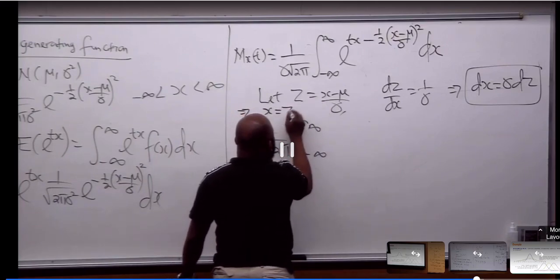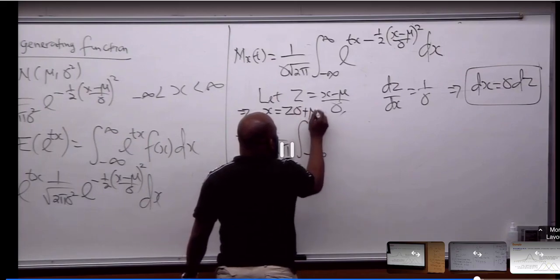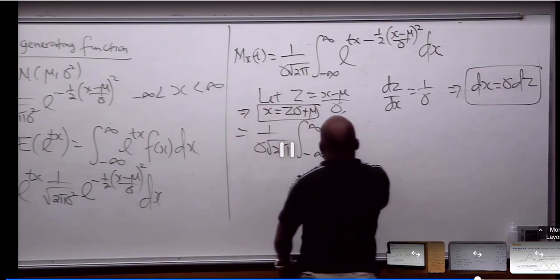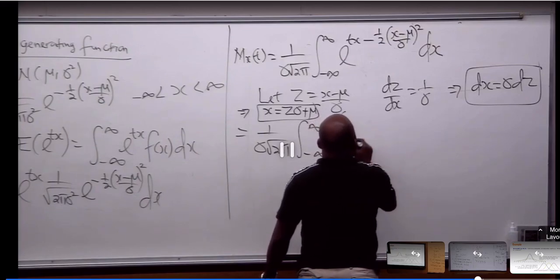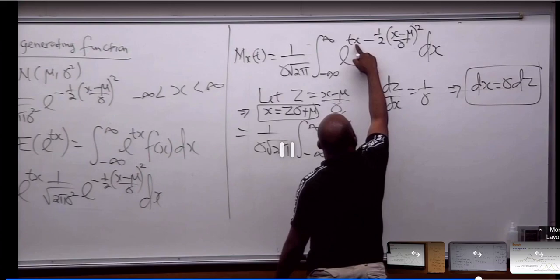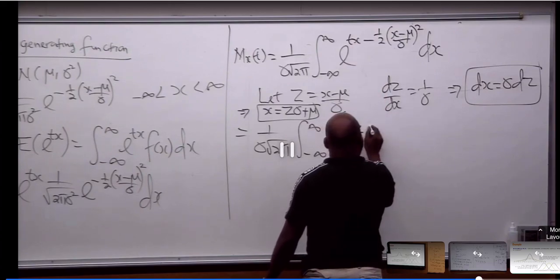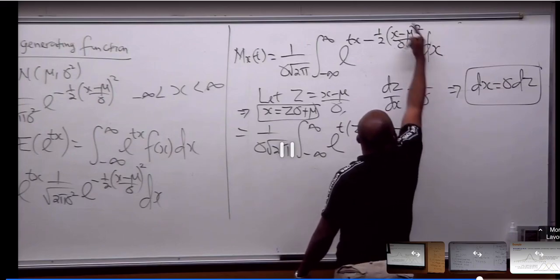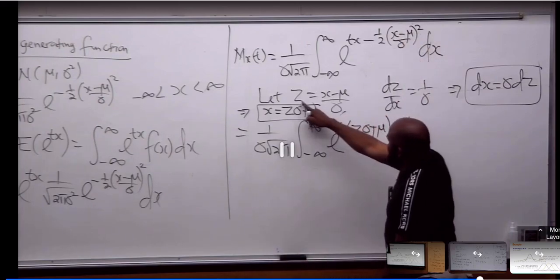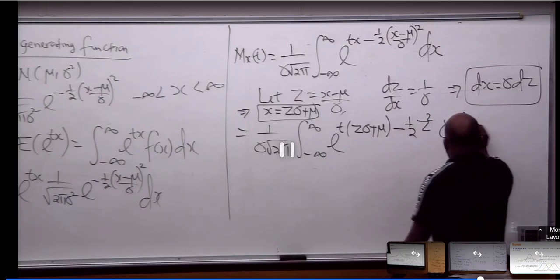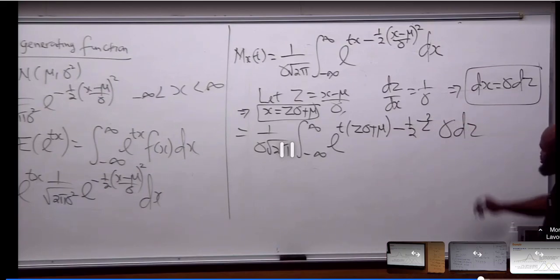Don't forget I'm using the substitution method. So e raised to power t, what is my x? My x is sigma z plus mu, minus half, the whole of that guy is z, so this is z squared. Instead of dx, I've got sigma dz, so see that, I can cancel that.